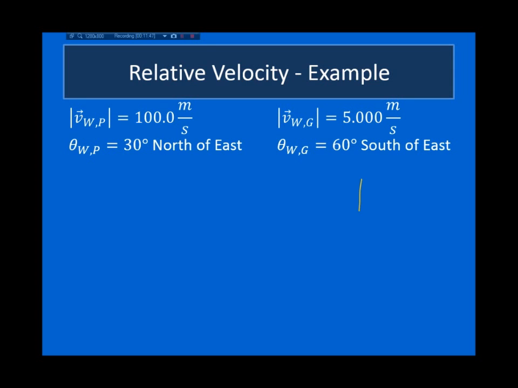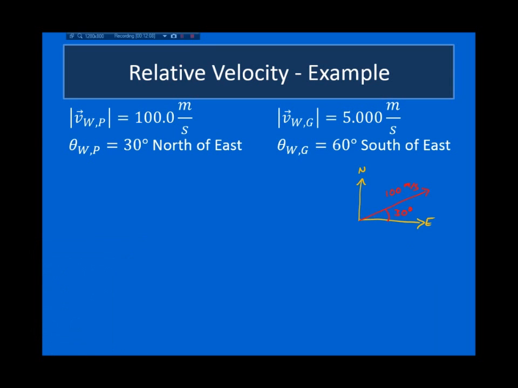So if this is north and this is east, then the wind looks something like this, right? It's pointing 30 degrees north of east. This angle here is 30 degrees, right? That's what we mean, 30 degrees north of east.